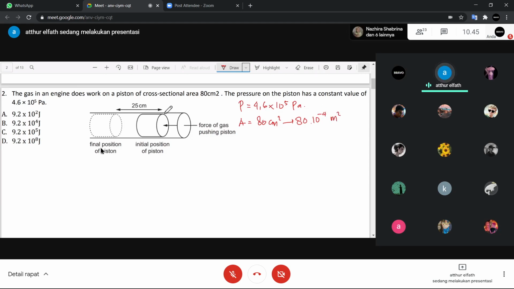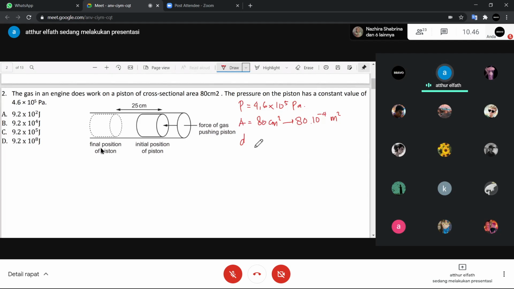And what is this? This can be a distance or displacement, d.